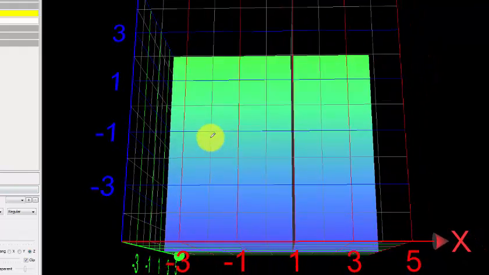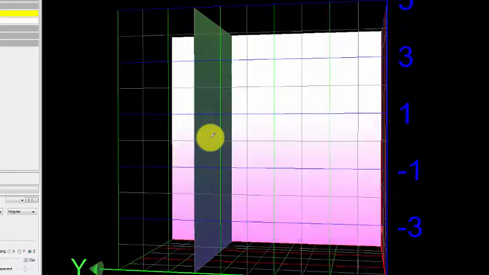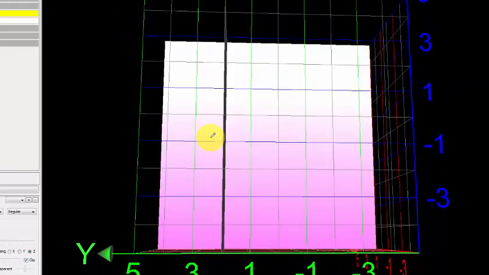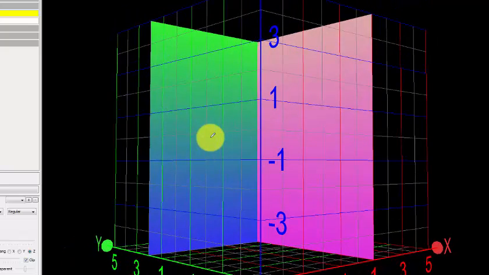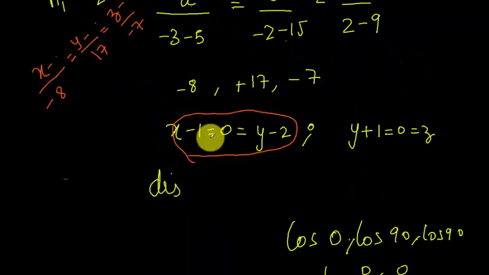It's making an angle of 90 degrees with the x-axis, an angle of 90 degrees with the y-axis, but with the z-axis the angle is 0. So cos 90, we know that it's 0, and cos 90 again is 0, so cos 0 is going to be 1, right? So the drs are going to be 0, 0, 1. Correct?